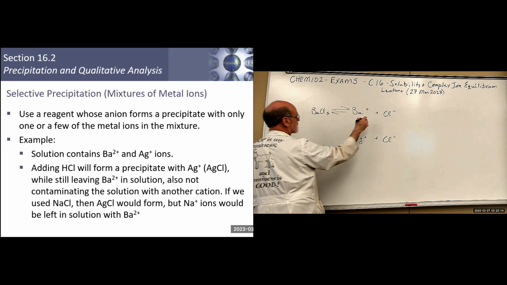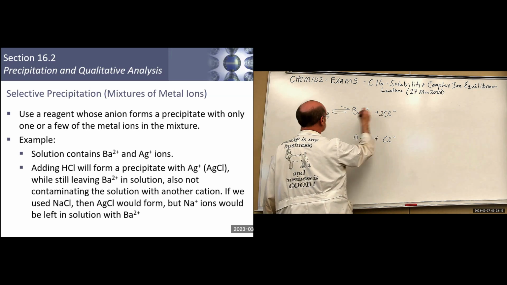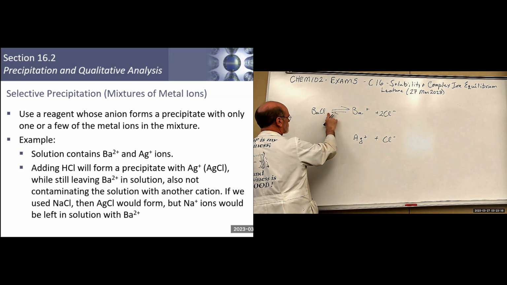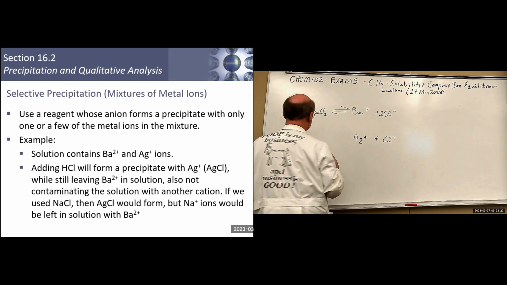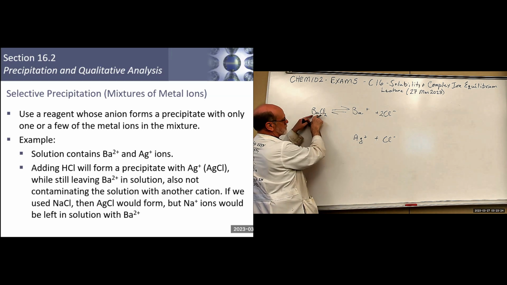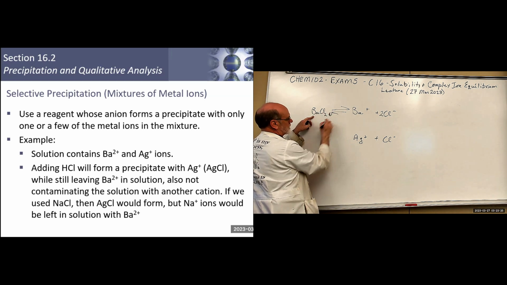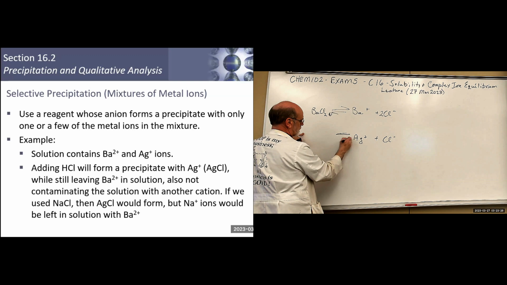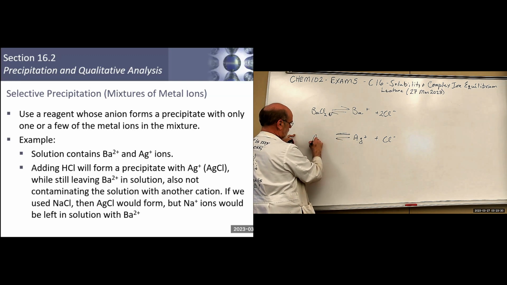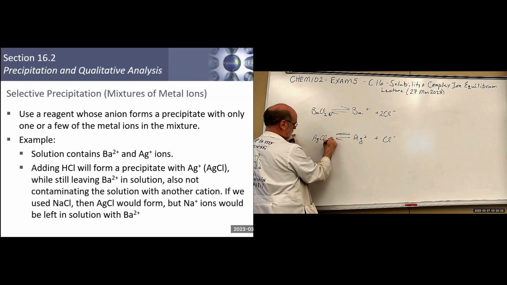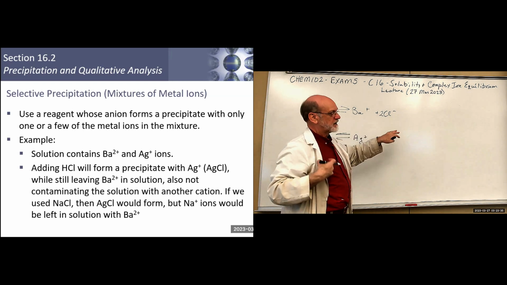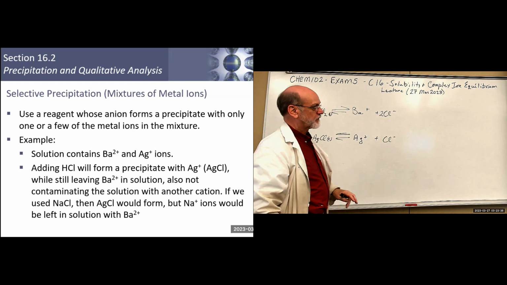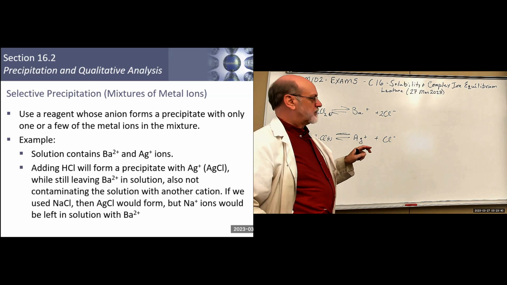Here, we need 2 of these, because barium is an alkaline earth, so it's a +2 charge. And then silver is like this. So we have these in solution, and we're going to add chloride to them so that we can precipitate them.